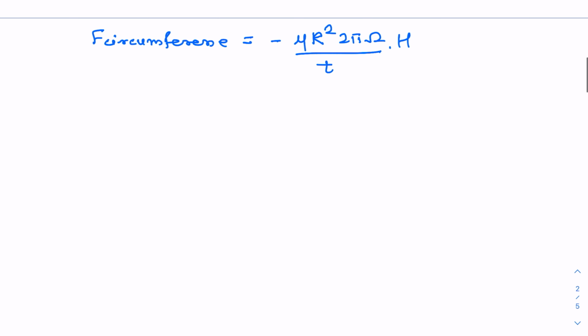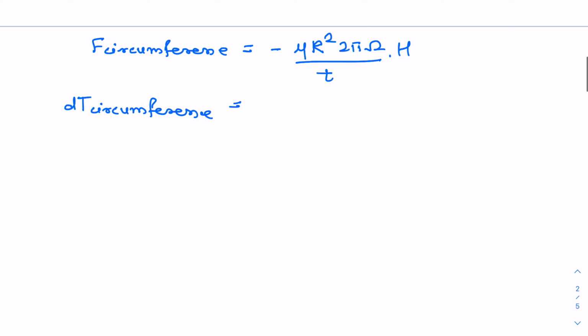But we want to find out the torque. So the torque on the circumference is basically the small torque acting on the small element, which is capital R multiplied by dF circumference.